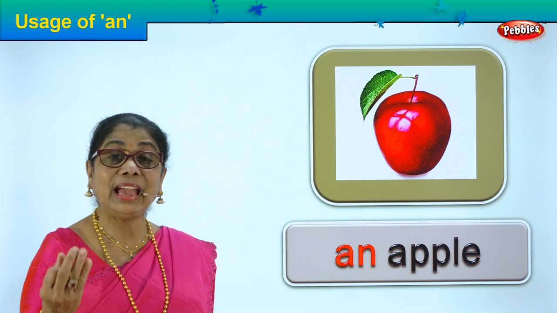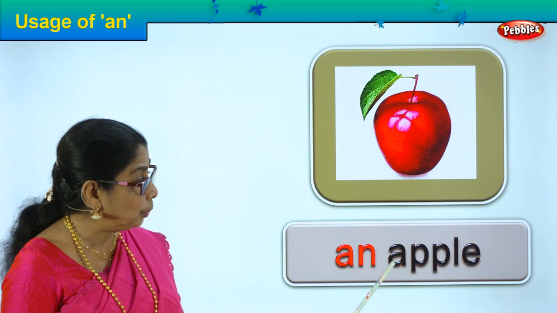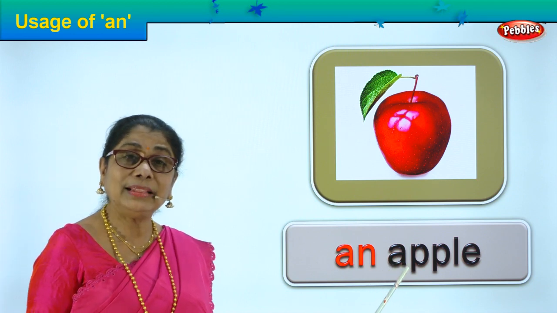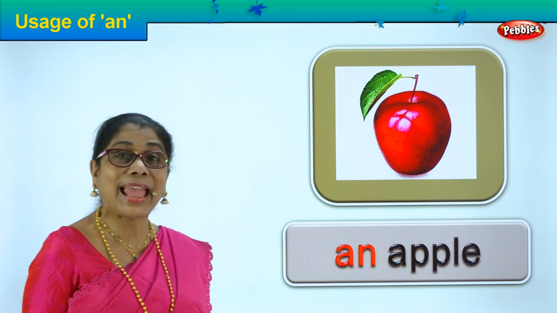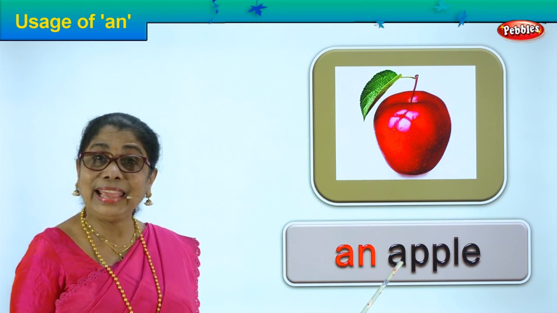A, E, I, O, U. If you have A, E, I, O, U before the word, then you will use an. Here, the vowel A is used.